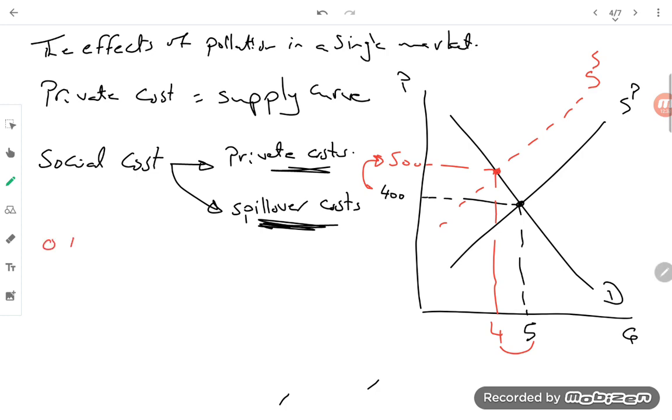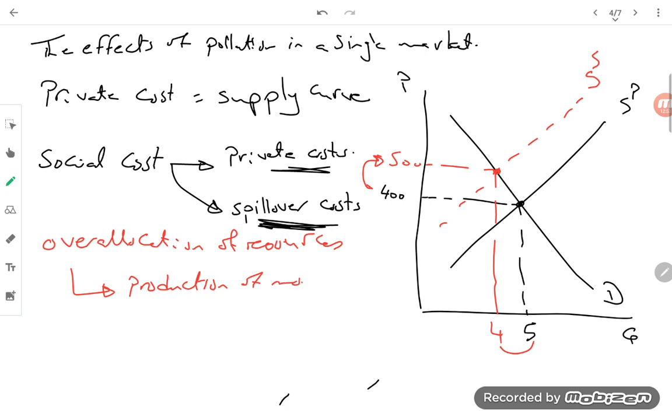So over allocation means production of more than the socially optimum amount of goods and services.